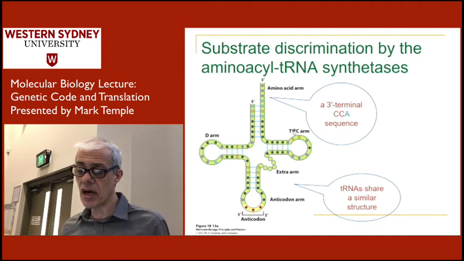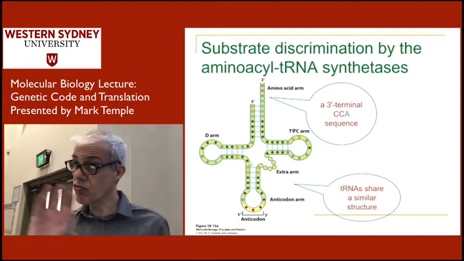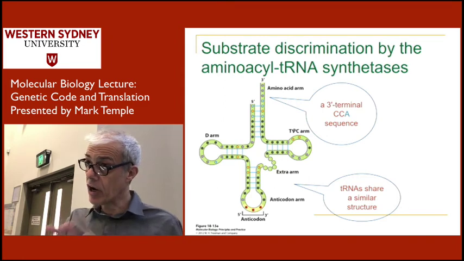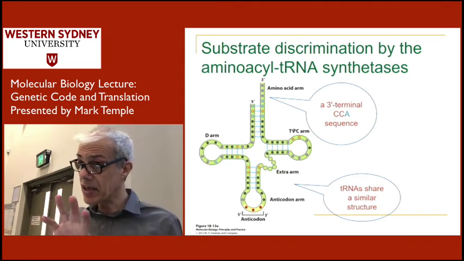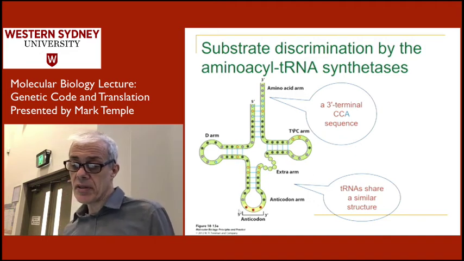And you've got these arms, this D arm, this T arm, and these specific residues on each transfer RNA, and these are really important for recognizing the right tRNA synthetase, the right enzyme that's going to add the amino acid. Okay? So I think the book color codes these bases here.